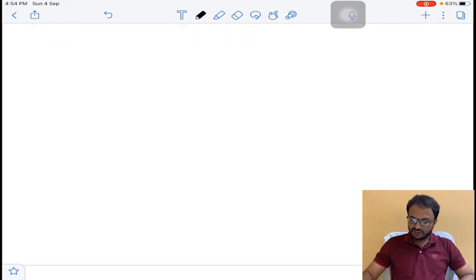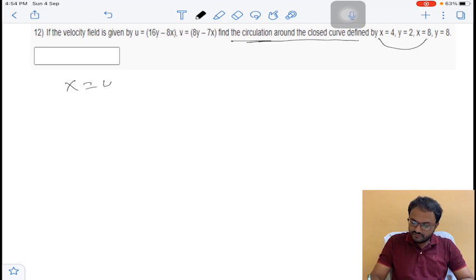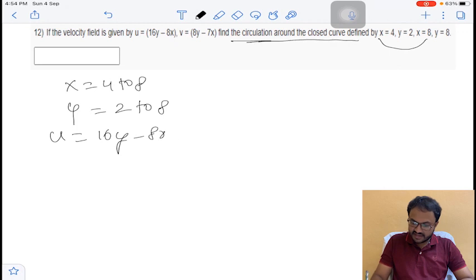Now coming to the last question, we are asked to calculate the circulation around a closed curve. The x values change from 4 to 8, and y values change from 2 to 8. The function given is u equal to 16y minus 8x and v equal to 8y minus 7x.